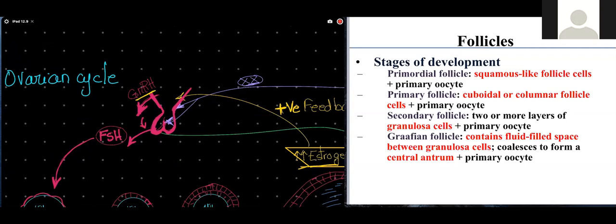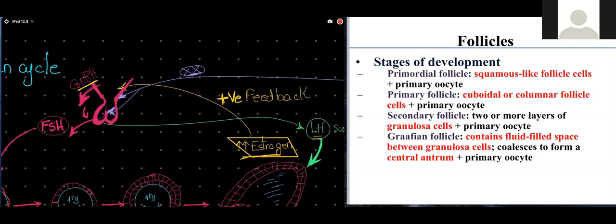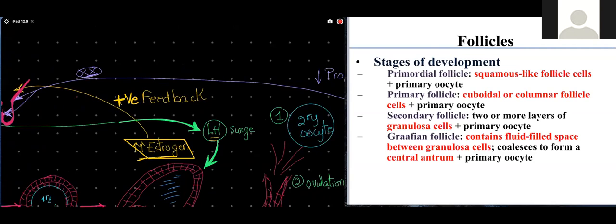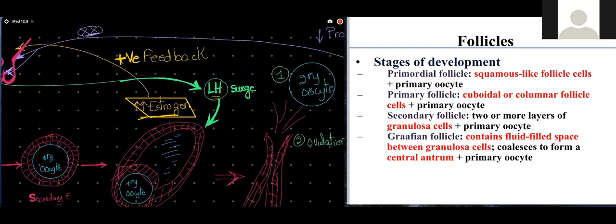And this time it's going to be stimulating the anterior pituitary gland not only to release FSH but to release a large amount of LH. This is going to result in a sudden rise in the LH levels. We call this the LH surge.